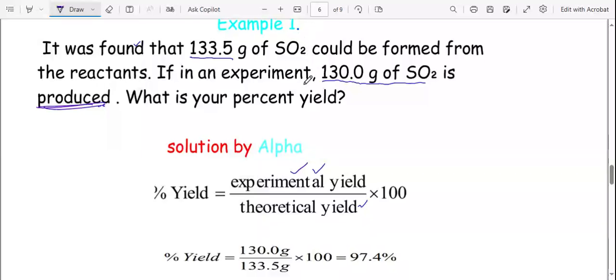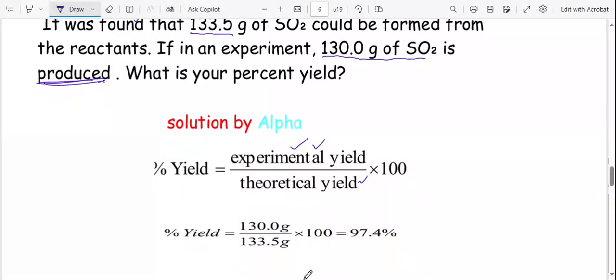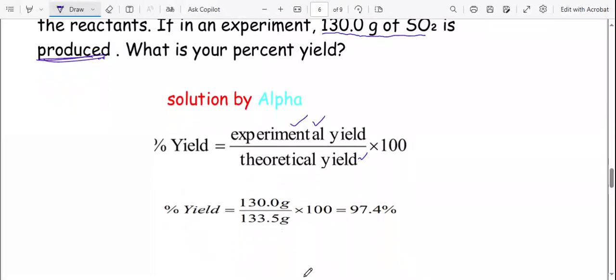So it's just a matter of substituting. So we put 130 as the experimental because that's what was produced in the reaction. Then we have 133.5. So 130.0 was the actual, the experimental value.